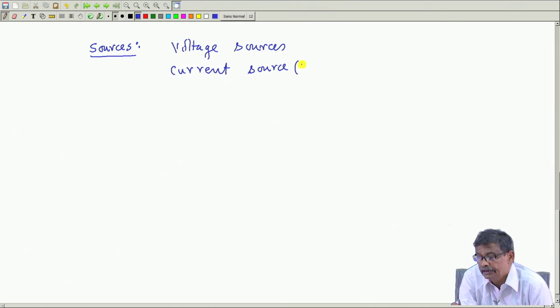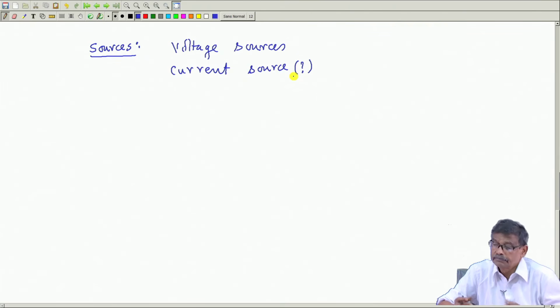Current source is perhaps something we are not familiar with. You go to the market, you can buy a battery which is nothing but a voltage source, but go to a shop, ask for a current source, it is not there.